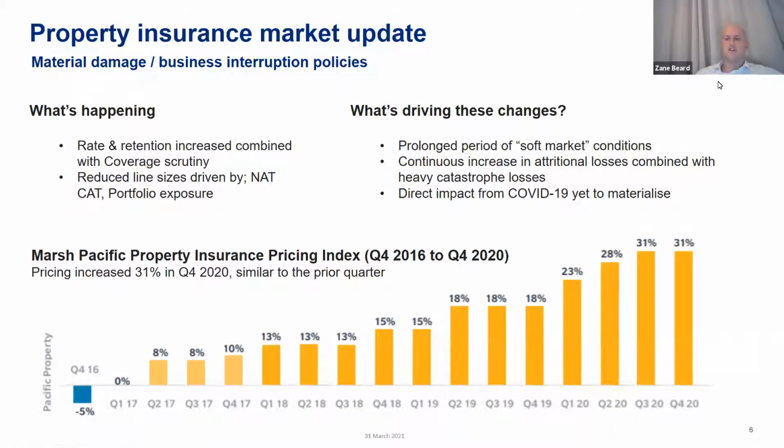We're seeing loss ratios for many insurers exceeding 100%, which means their losses are far exceeding the premium pool. The natural result of that is premium increases, and we're seeing that continue to realize, and there's a direct impact from COVID-19 that's yet to materialize. So that may continue to put pressure on premiums in the future too.